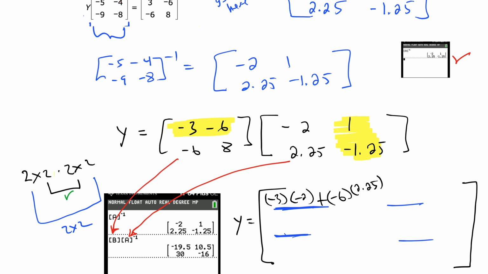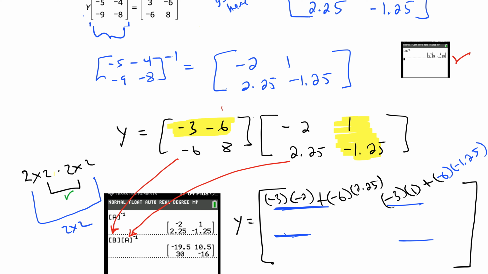The first of the left with the first: -3 times 1, plus the second one with the second one, -6 times -1.25. Okay, next.